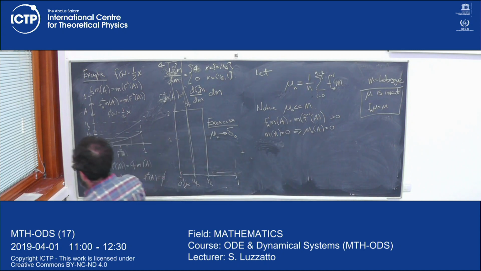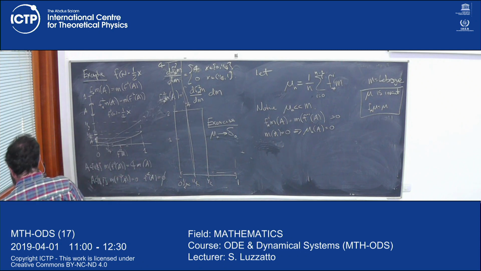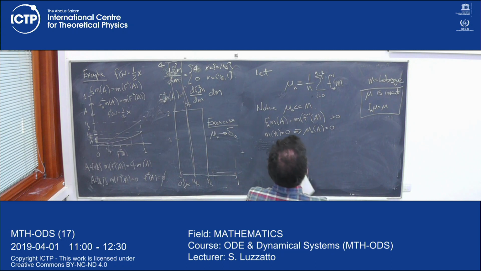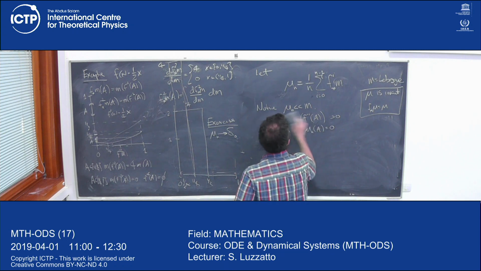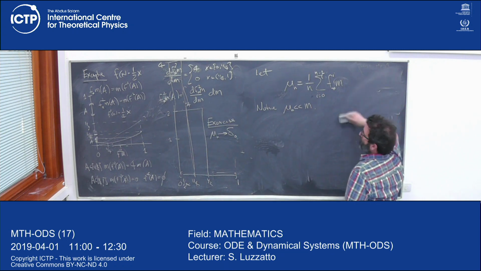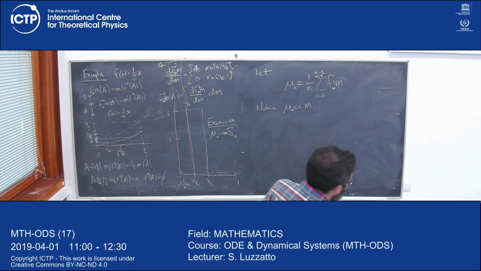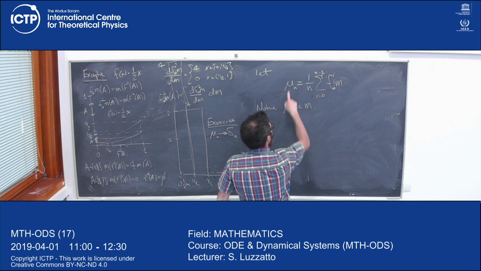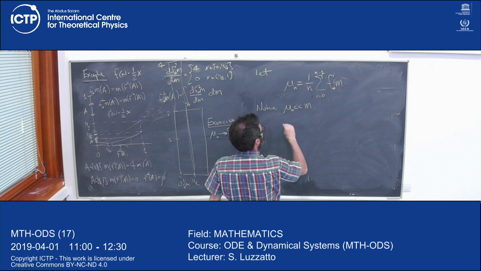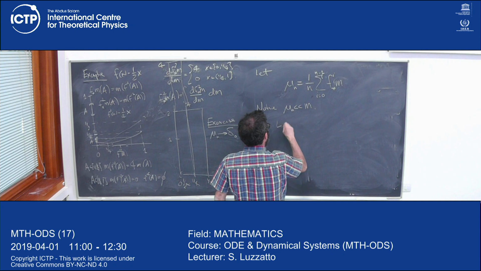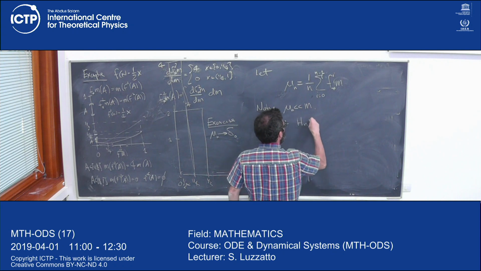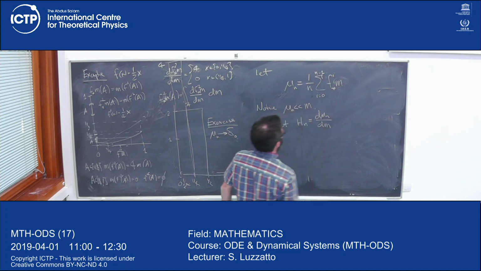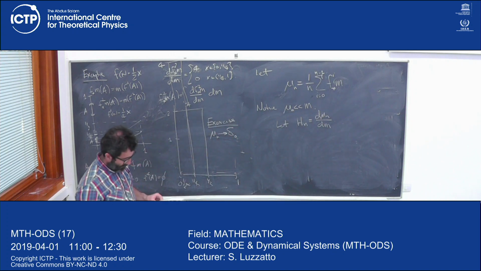So the key technical step is the following. We have that each of these is absolutely continuous, as we can show here, and we let Hn be the Radon-Nikodym derivative of each of these.